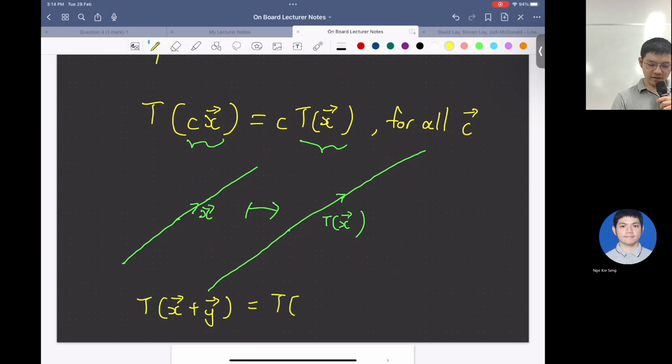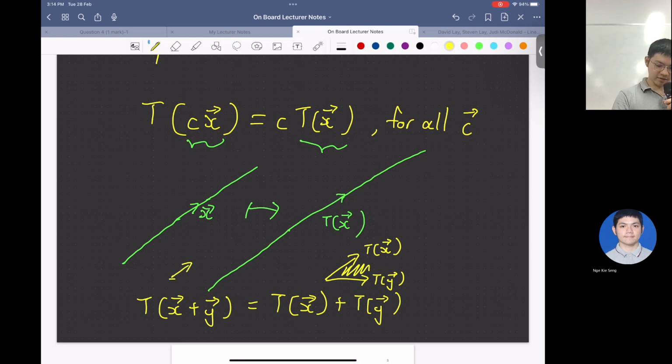Similar for this one. T(x plus y) is equal to T(x) plus T(y). So T(x) and T(y) span a plane, right? If you remember, when we add two vectors together, they form a plane. And this plane is coming from x plus y.